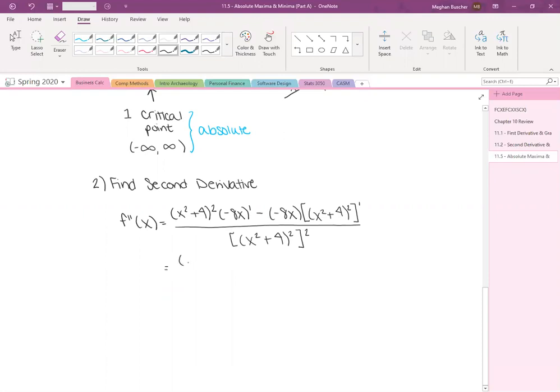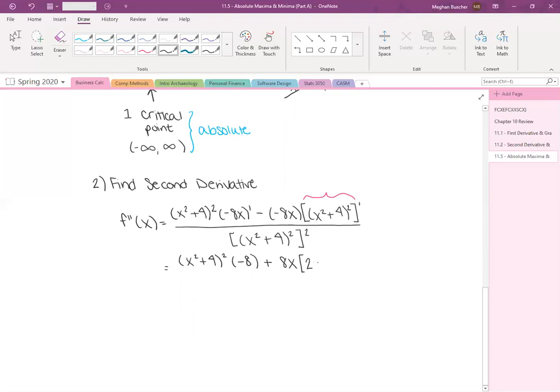So this term will stay the same, x squared plus 4 squared. That derivative will just be a negative 8. Going to turn that guy into plus 8x. How do we find the derivative of this term? Chain rule, exactly. So we're going to have outside, which is the squared.